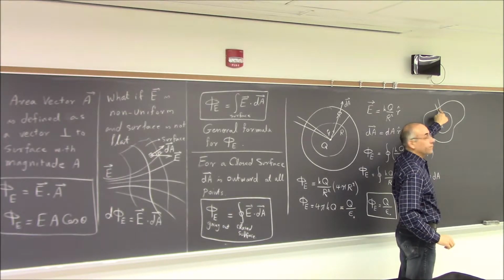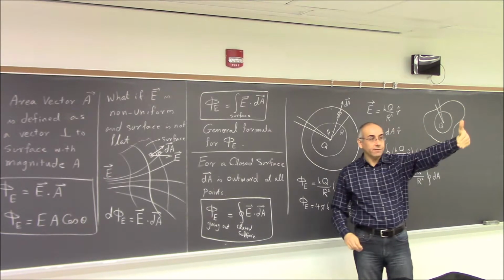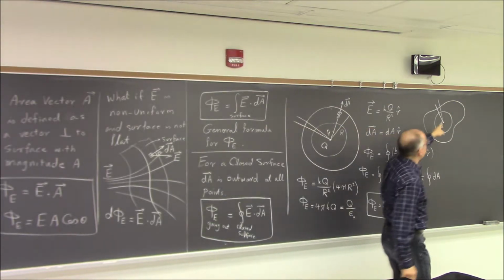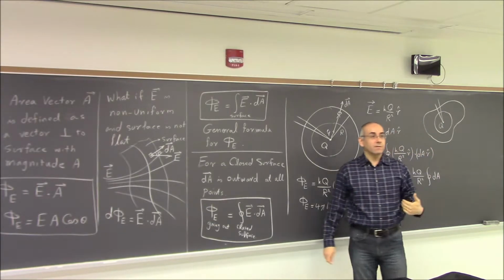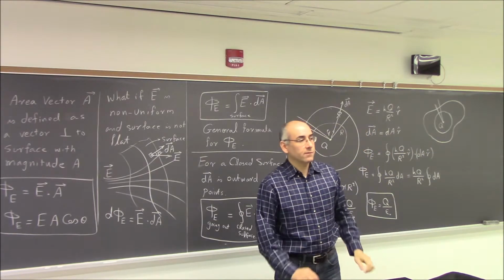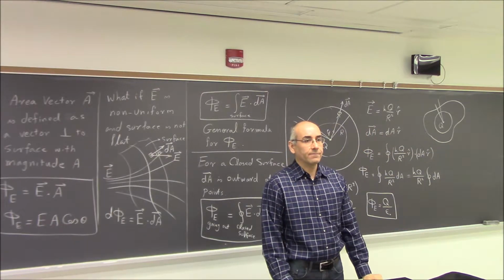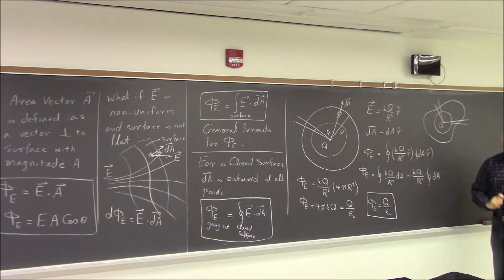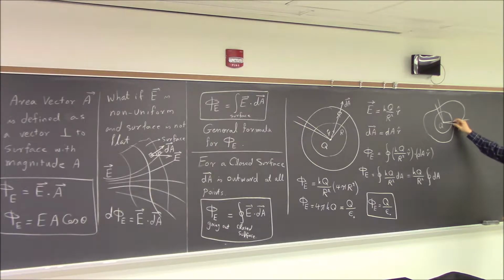Because you see this is further away, the area is increased by distance squared, and the electric field also decreased by the square of the distance. These two cancel the effect of each other. If you do it here, this is at an angle. When this surface is at an angle, it may be a bit different.